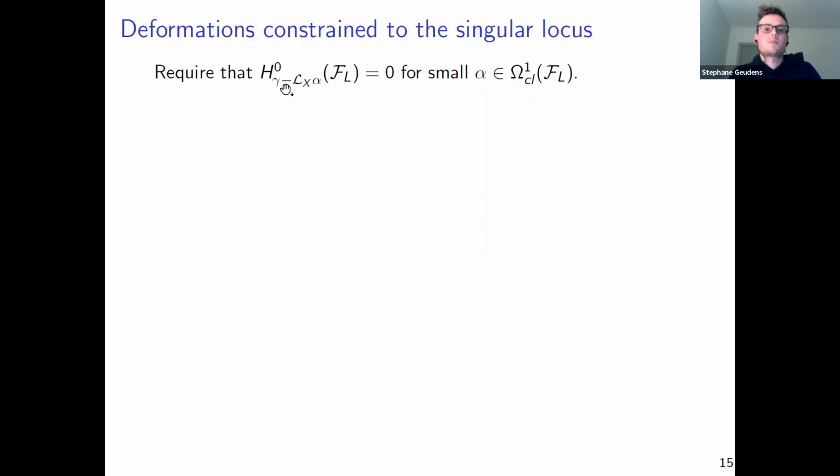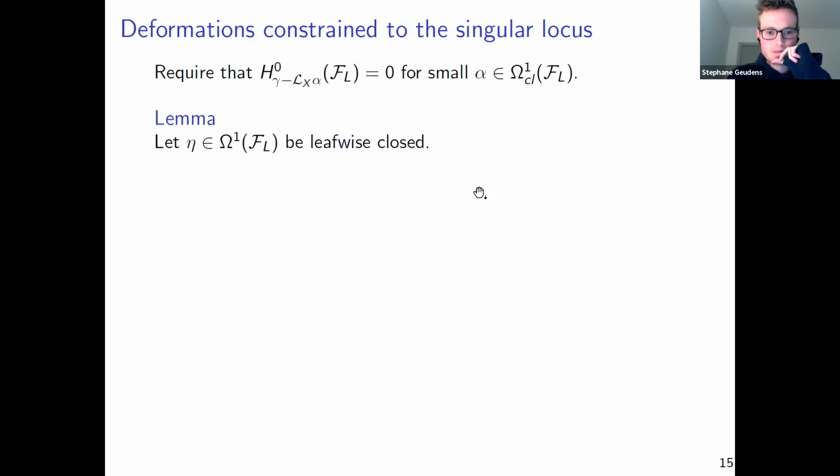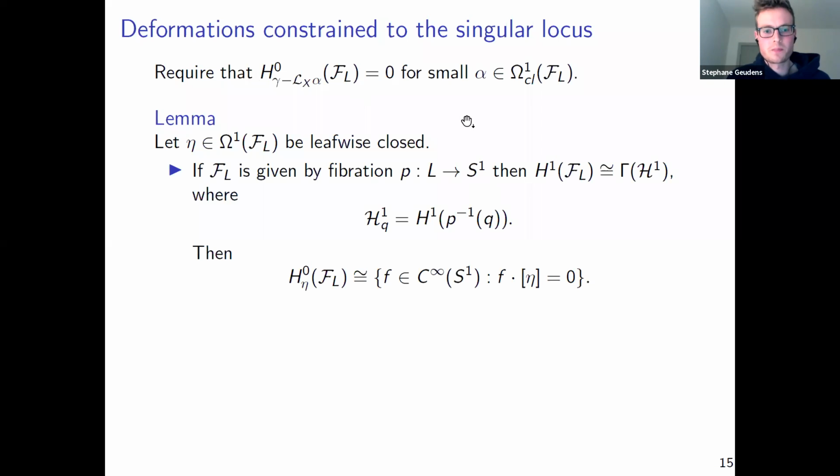So we require that this H0 twisted by gamma minus Lx alpha has to be 0 for small alpha. That would mean that small deformations stay inside the singular locus. So to solve this question, we would have to look at what this H0 twisted by a closed one form is. So let's compute it in our case.